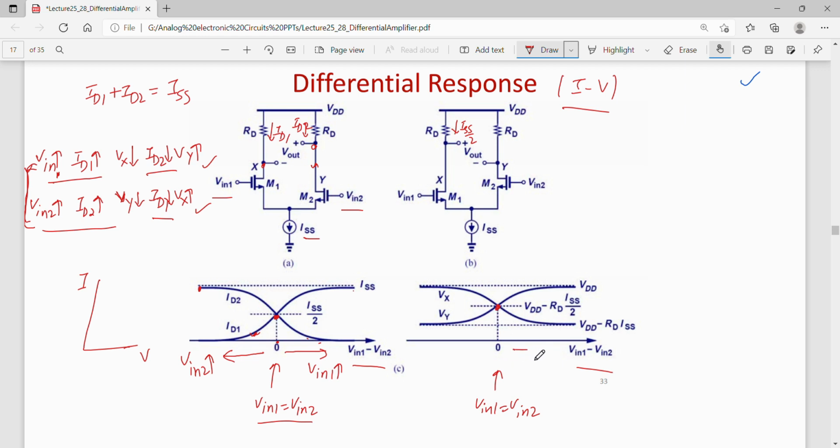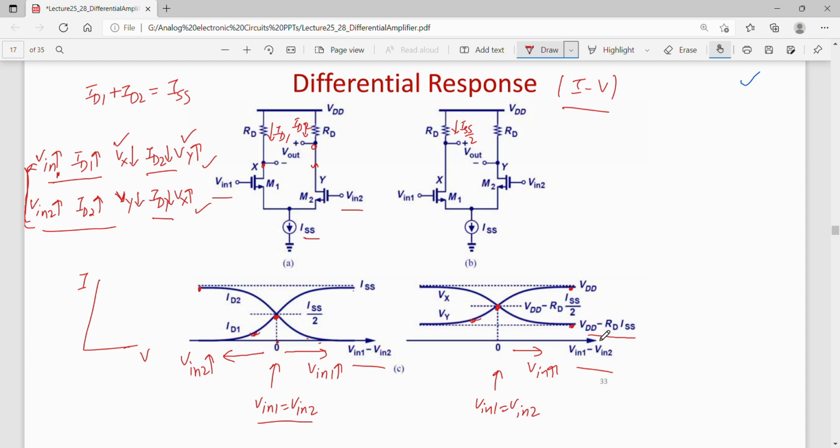Now beyond this point, if I move towards the right, that is when Vin1 is increasing, Vx should decrease and Vy should increase. So Vy is increasing, reaches up to VDD, and Vx decreases to this value, VDD minus ISS times RD.